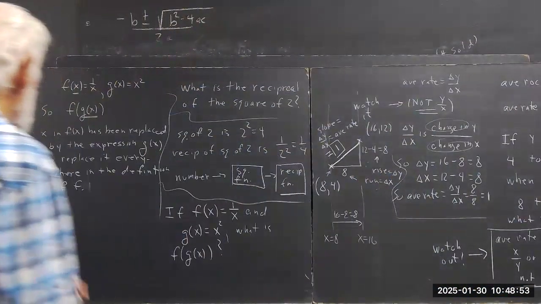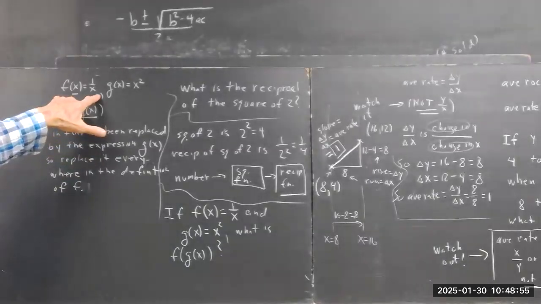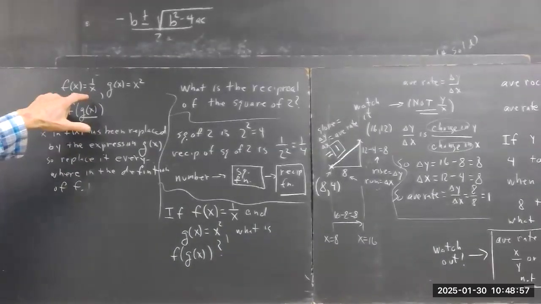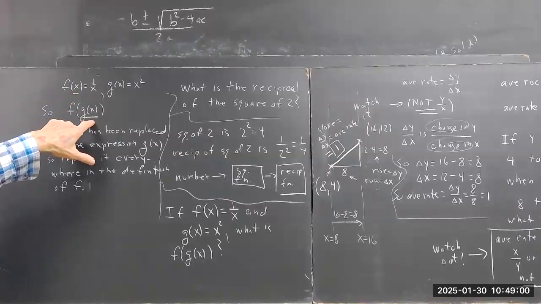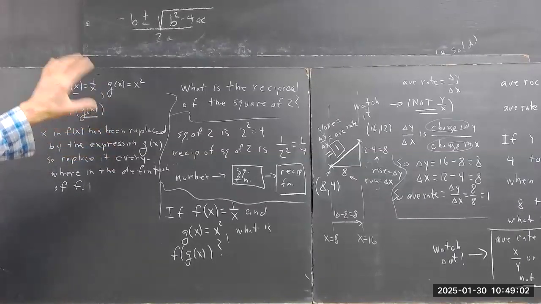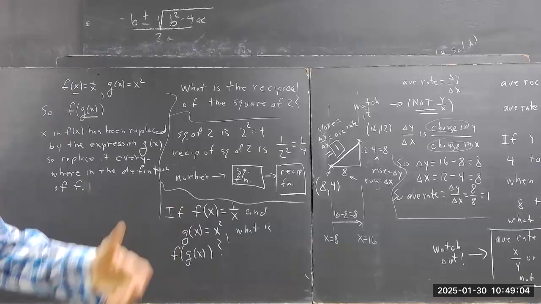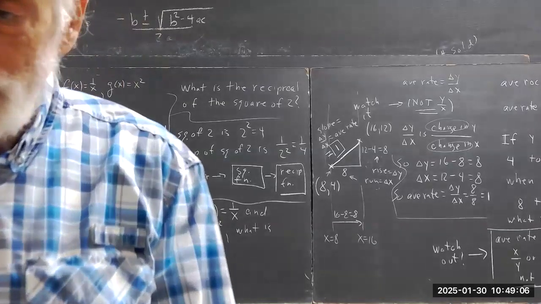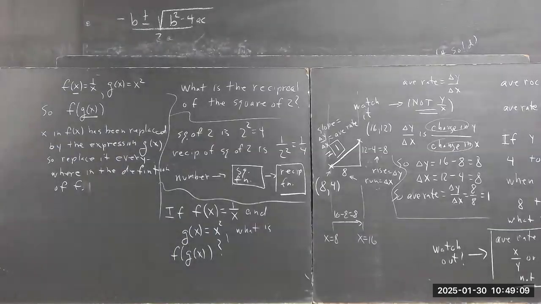In other words, just take this, but every place you see an x, you're going to write g of x. And you're going to write the equal sign and all the parentheses and everything. Okay? What does your expression look like?